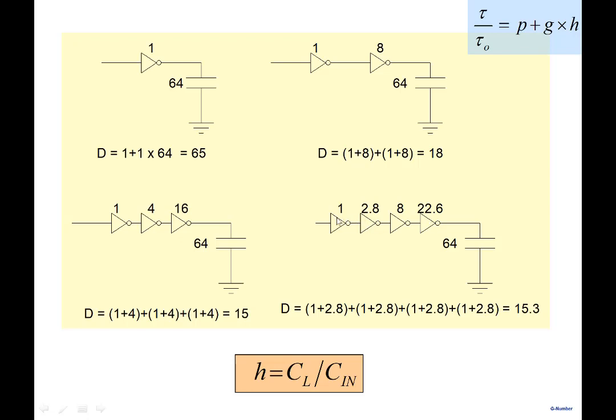Each one would be 1 plus, since this size is 2.8, the load is 2.8 and the input is 1, so 2.8 divided by 1. That's the delay of the first inverter. The delay of the second inverter is 1 plus, again, the load of this one is 8, so 8 divided by 2.8. How much is 8 divided by 2.8?